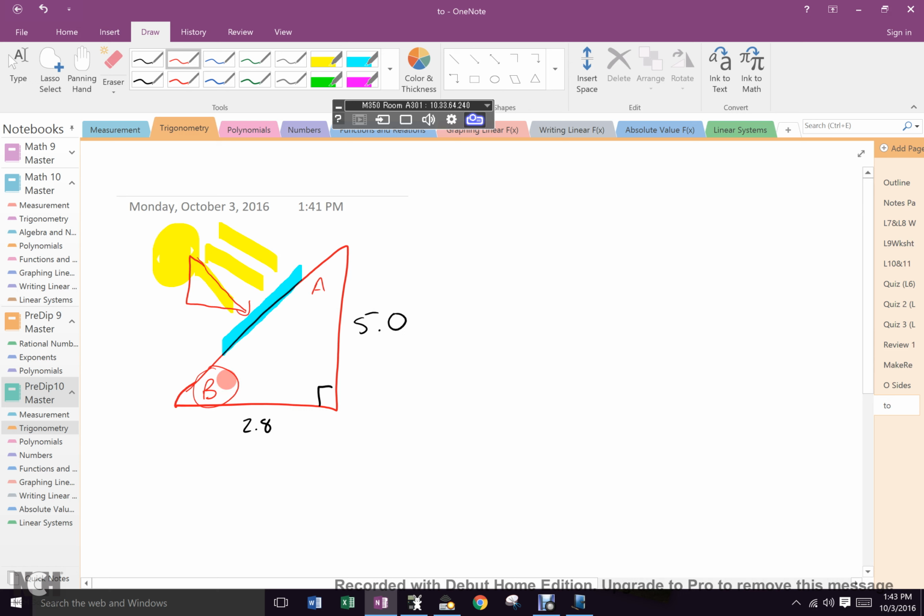Okay. So all you're doing is tangent to find this angle, right? And if that angle is within range for these cities, then it's going to work.